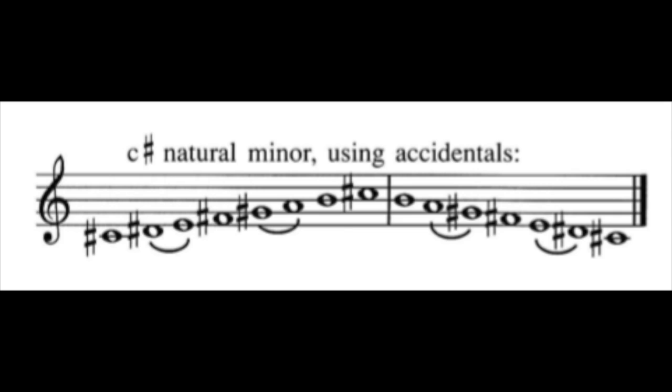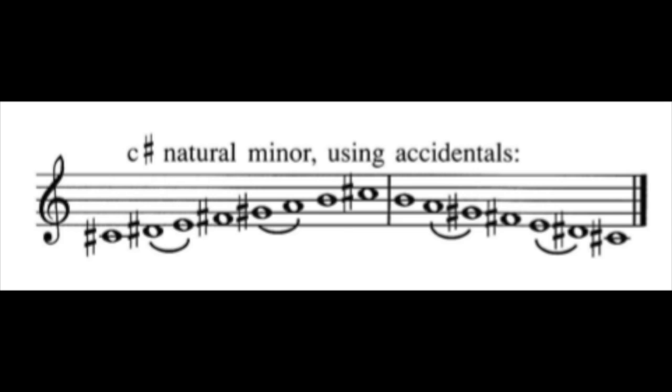Our final thing to mention is the fact that the semitones in our natural minor scale occur in a different place than in our major scale. So in our major scale, if you remember, the semitones occur between scale degrees 3 and 4, as well as between scale degrees 7 and 8.